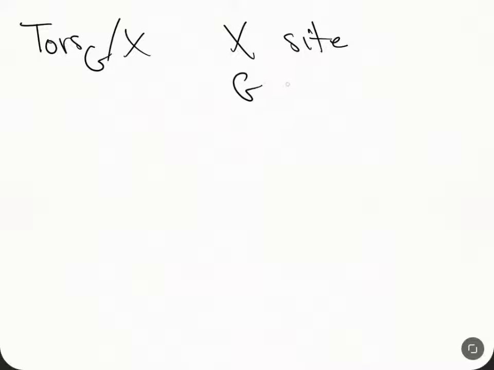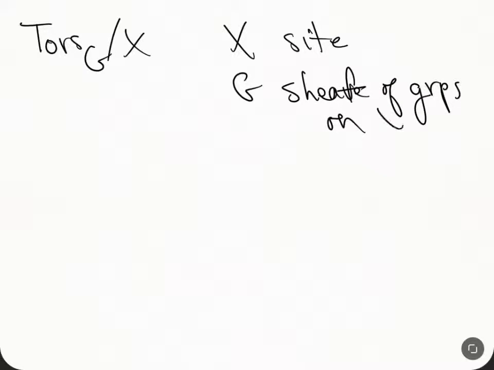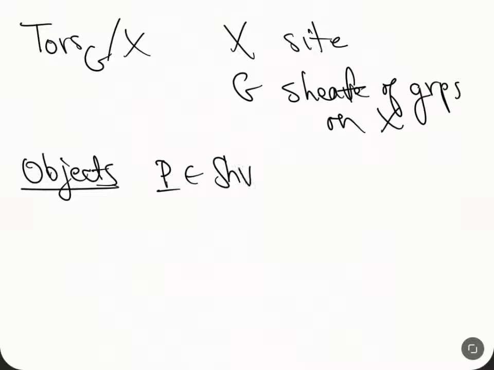G is going to be a sheaf of groups on X. And then for this category, the objects are going to be sheaves of sets on X.